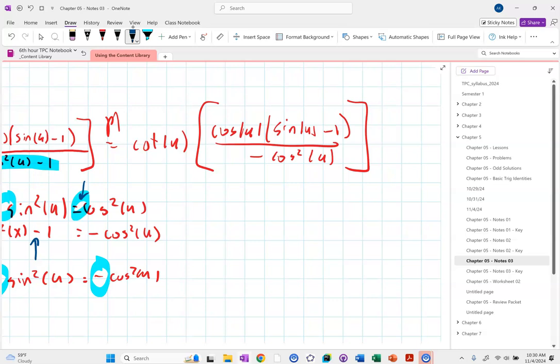Now, something really great has happened. Do you see it? Look at the fraction. You notice that the denominator is just cosine squared.